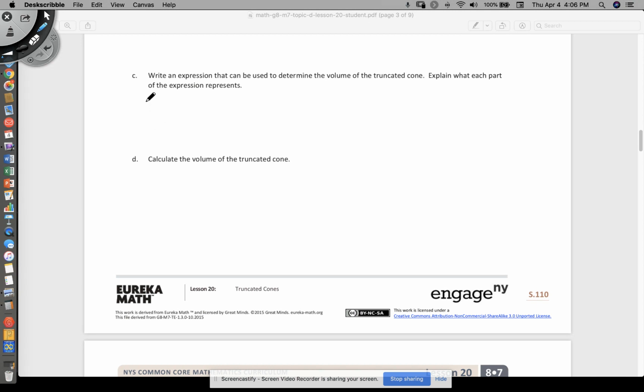We know the formula is going to be 1/3 pi r squared h. So I'm going to go off my larger radius, which is 12, and I'm going to square that, and then my height is going to be that 4 plus the 4 I just found, which is going to make it 8. So this is my larger cone volume.